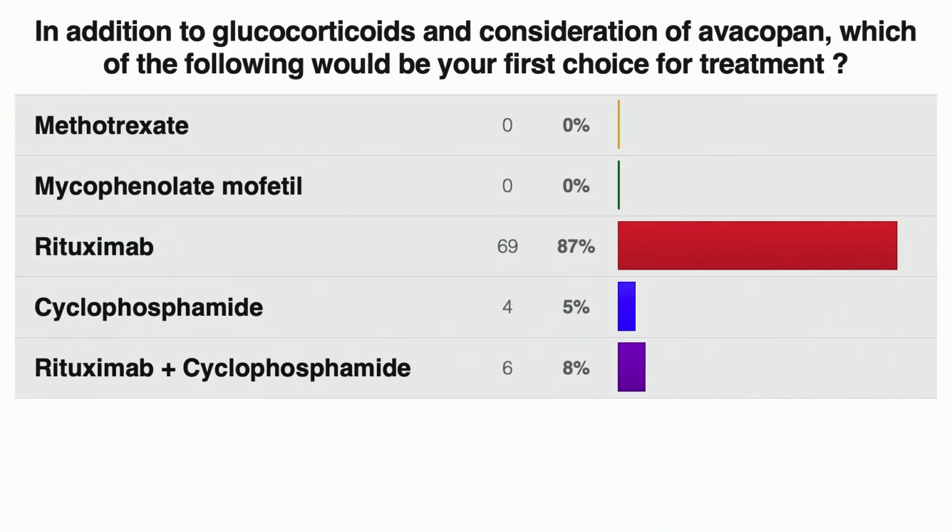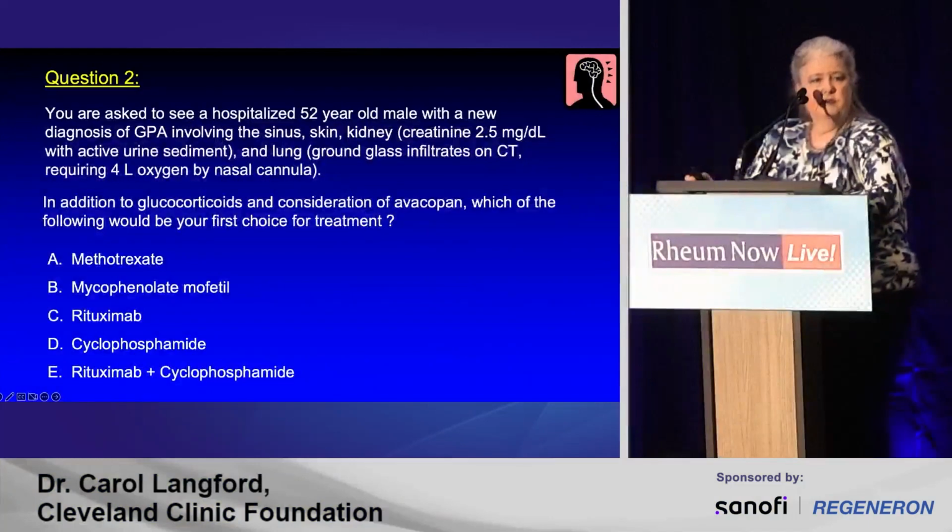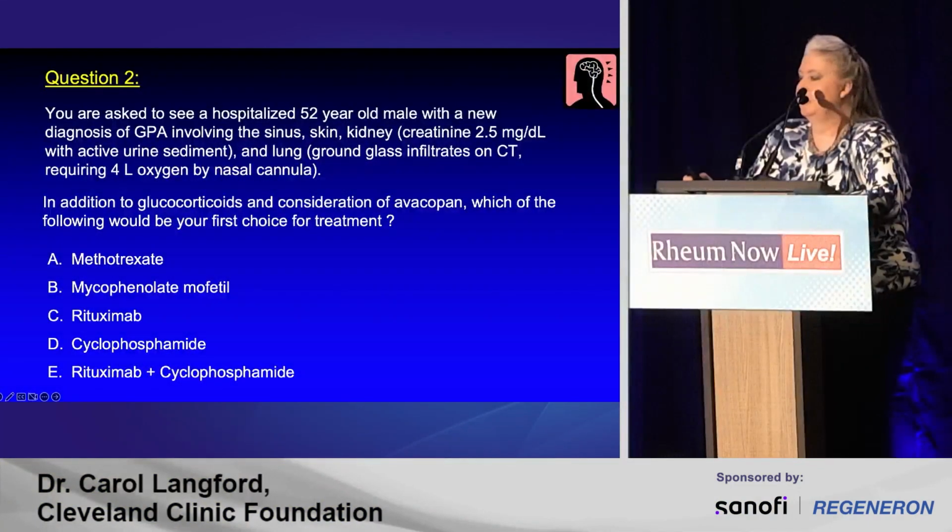I think we're getting a pretty clear signal that the majority here would use rituximab by itself, not in combination with cyclophosphamide. In contrast to the first patient, this is someone who has severe active GPA, manifest with glomerulonephritis and potentially alveolar hemorrhage.